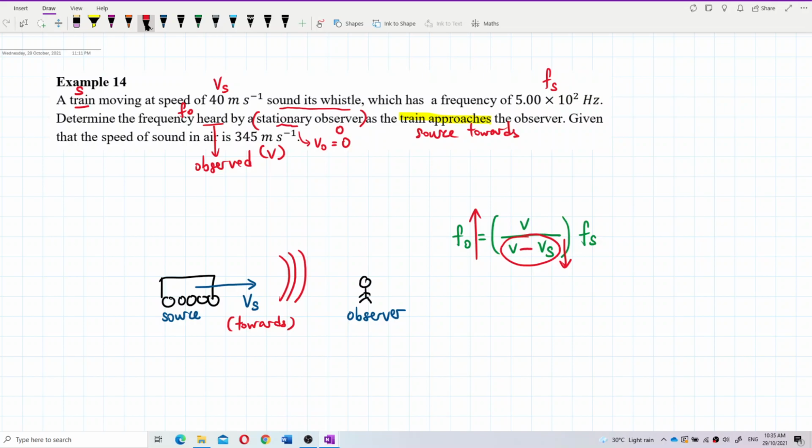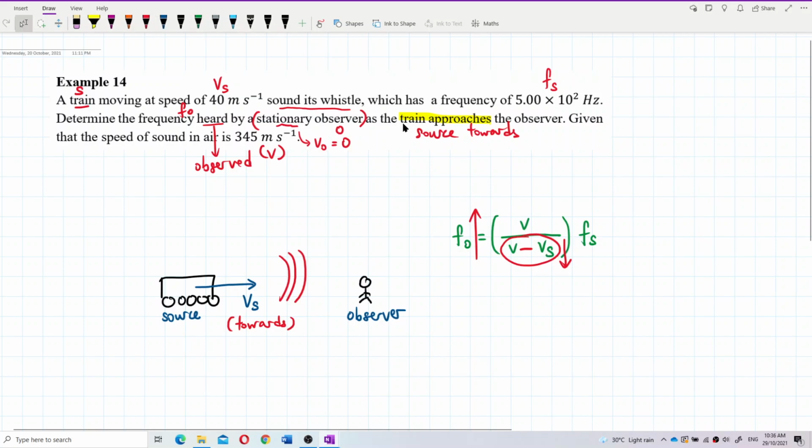We minus, so the denominator becomes smaller, and the observed frequency increases. So this is our formula.